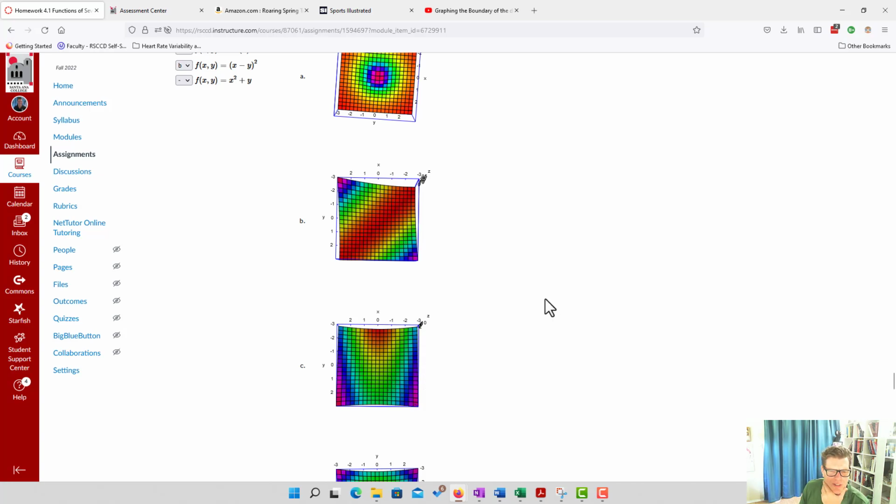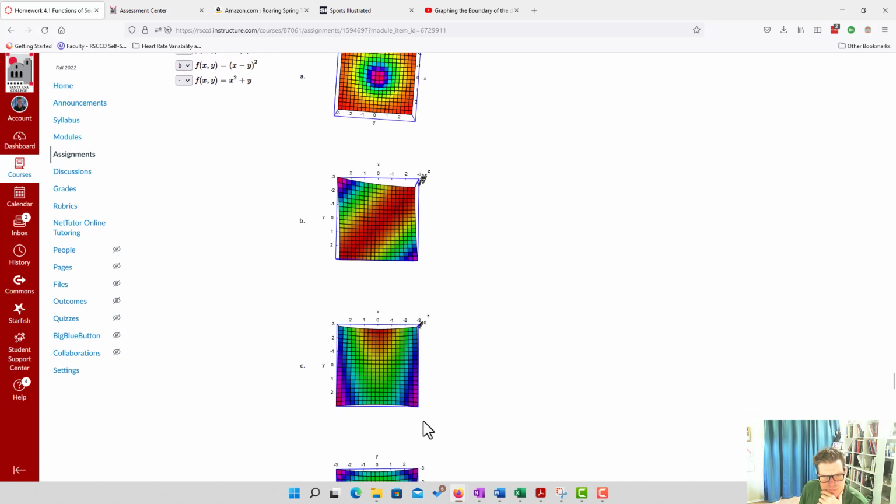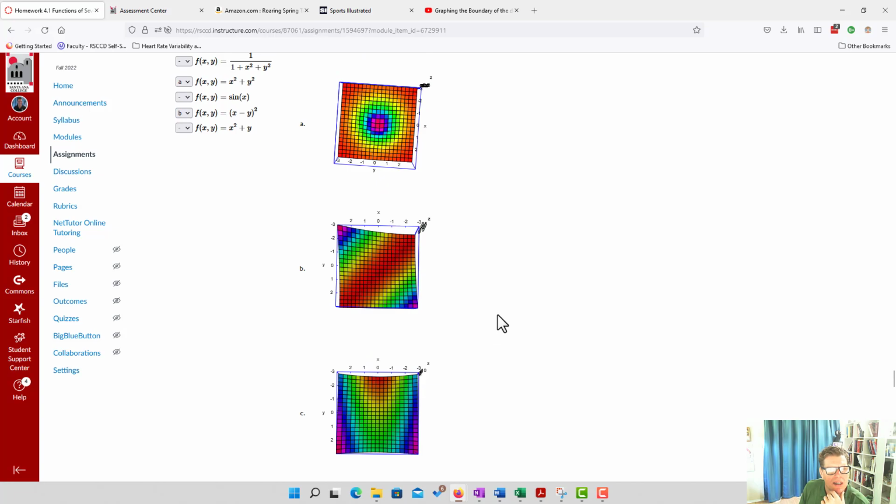Now I'm looking at a set of level curves, and they're a little bit different. They kind of look like parabolas. And so that's a little tricky. We've got, for example, our graph going from 0 to negative 3, 0 to 3 on our x and y axes.